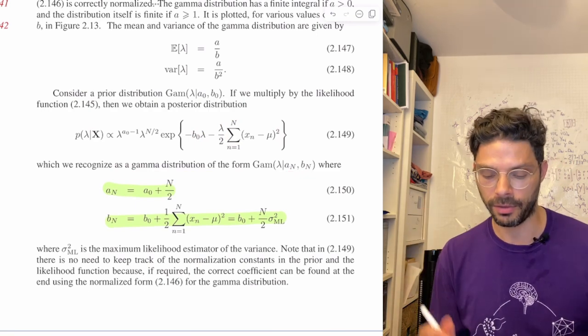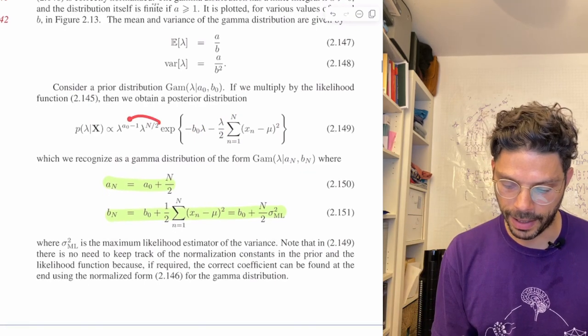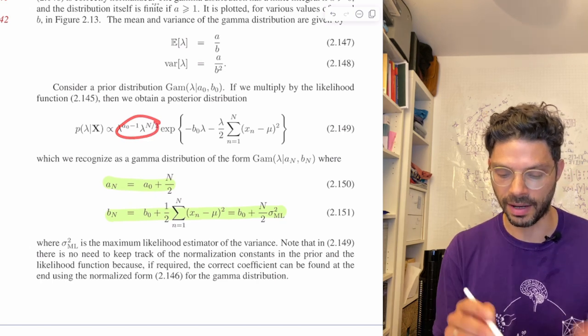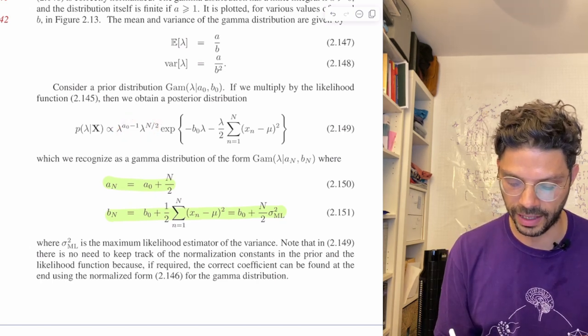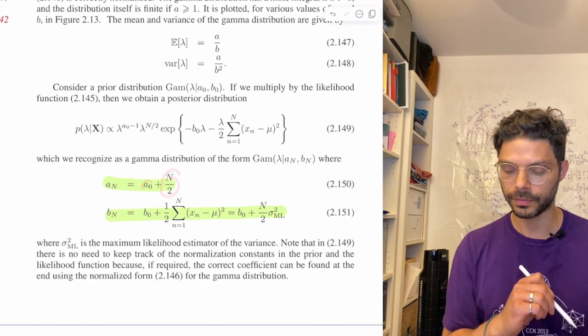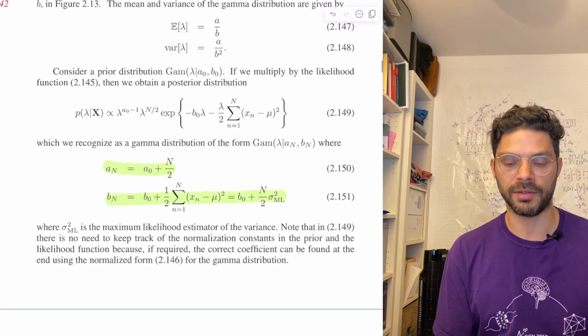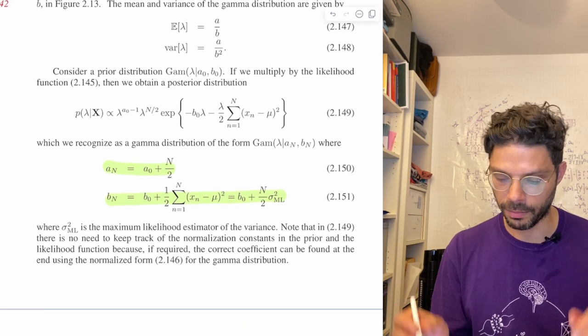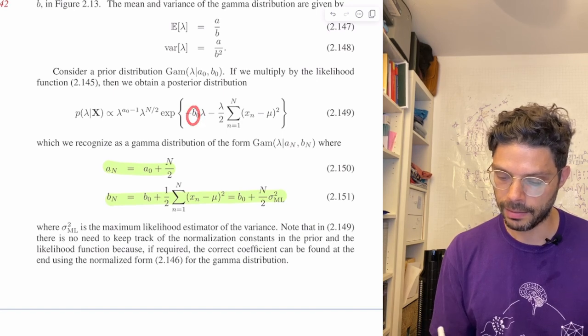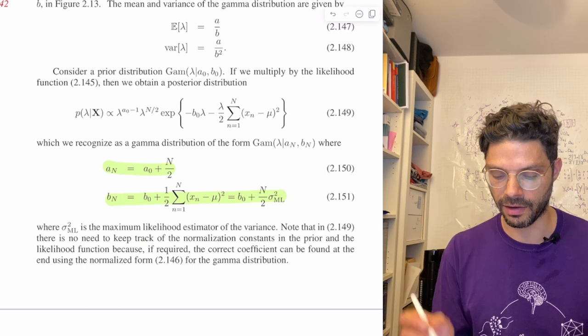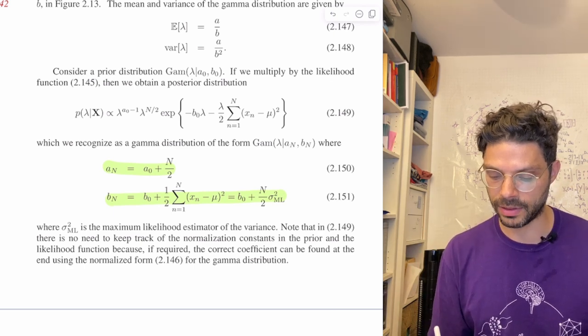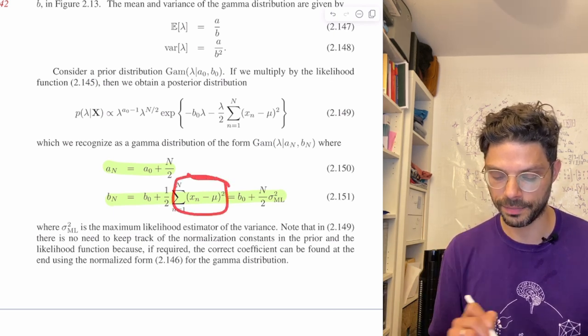And what are those parameters now? Well, the power was supposed to be something minus 1. Well, the something now is a naught plus n over 2. And what's happening with bn? So bn is everything that's multiplying lambda, appropriately scaled. So we've got b naught plus, taking care of the minus sign, plus 1/2 times this thing. And what is this?